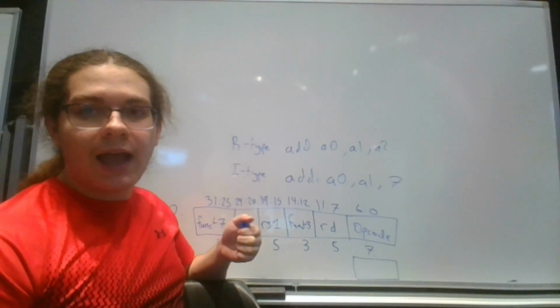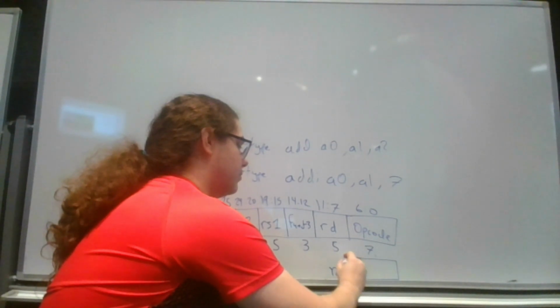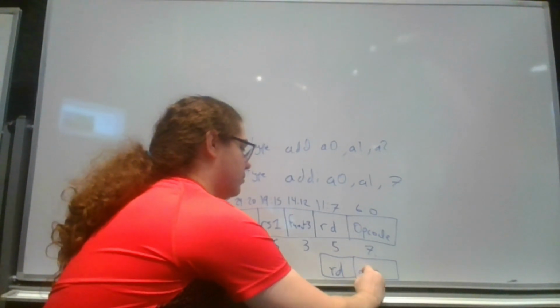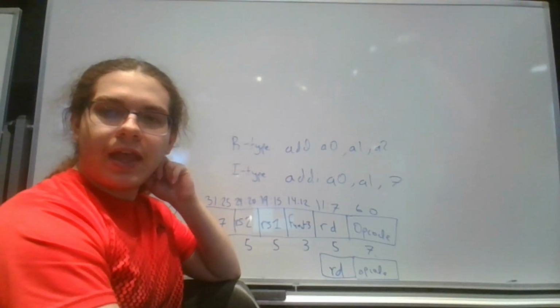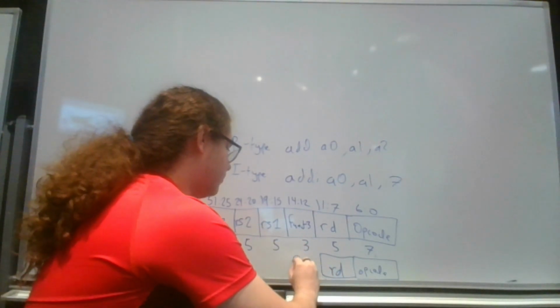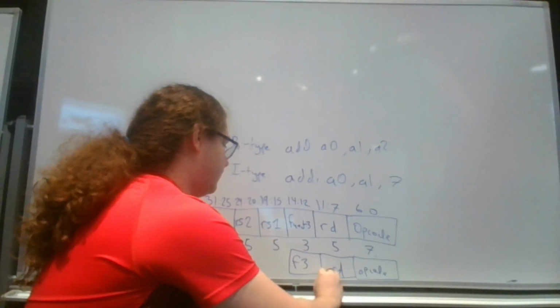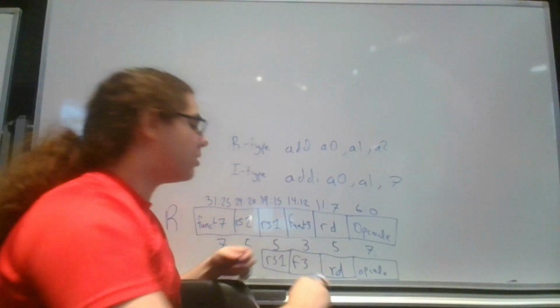So for the I encoding, it happens that this is still RD. And then you still have a funct3 field here. And RS1 is still there.